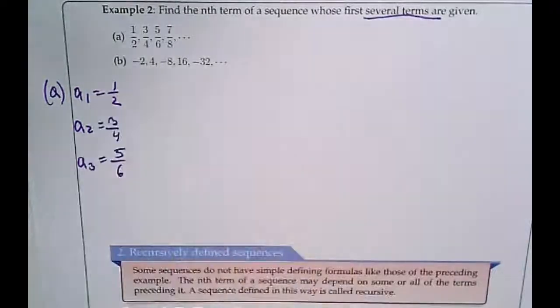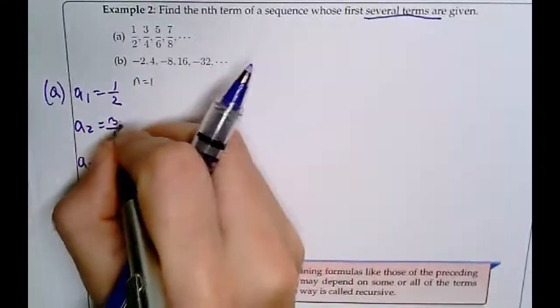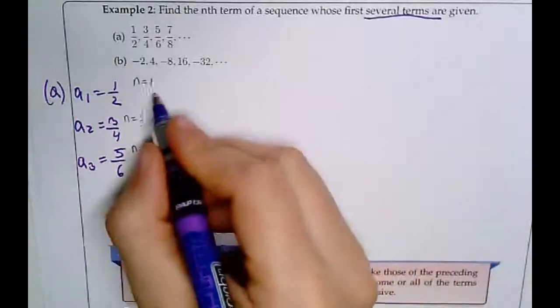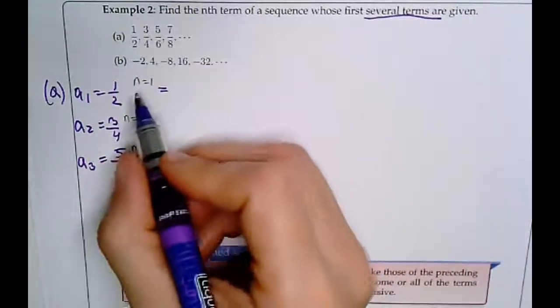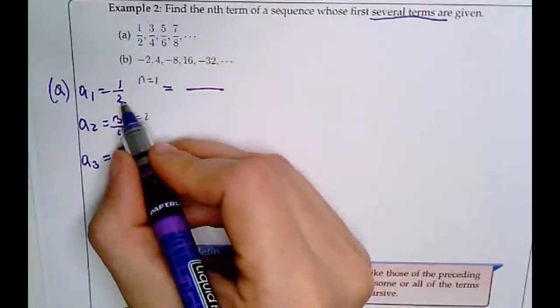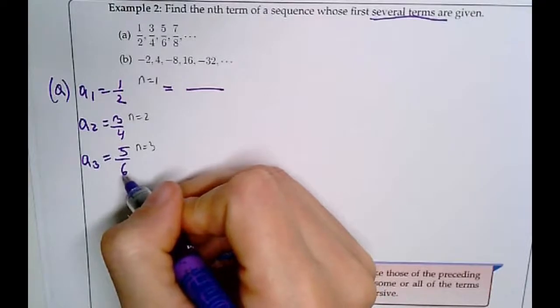So this corresponds to n equals 1, this corresponds to n equals 2, and this corresponds to n equals 3. So I can see something right away for the denominator. This denominator is 2, this denominator is 4, this denominator is 6.